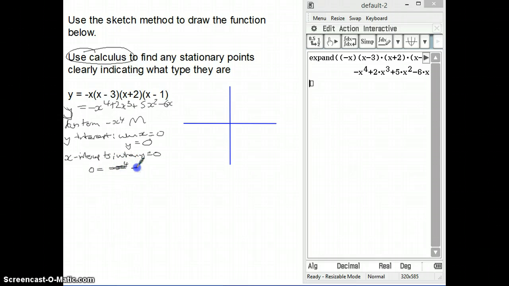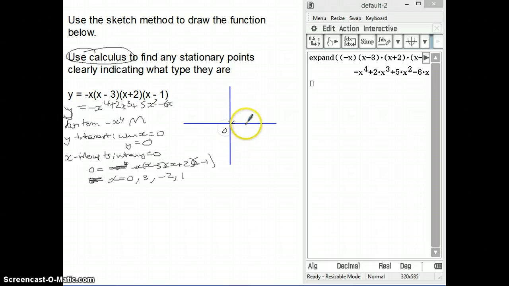The easiest way to do that is to use the factorised form: negative x, x minus 3, x plus 2, x minus 1, meaning that 0 is equal to either this is 0, or this is 0, or this is 0, or this is 0. So either x equals 0, or 3, or negative 2, or 1.